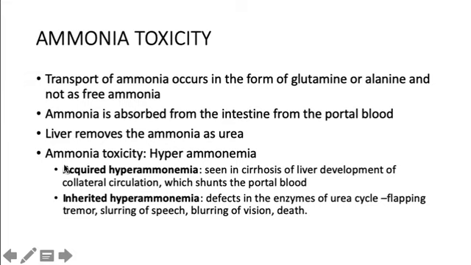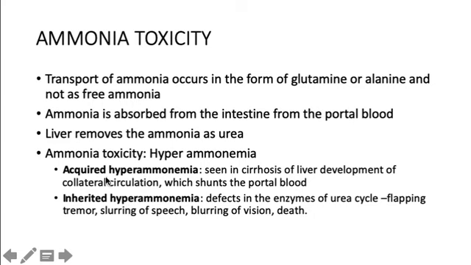So when we talk about ammonia toxicity, we call it hyperammonemia. Generally the blood serum level of ammonia is less than 50 micrograms per deciliter, and this we estimate in the arterial blood. Hyperammonemia we can classify into acquired hyperammonemia and inherited hyperammonemia.